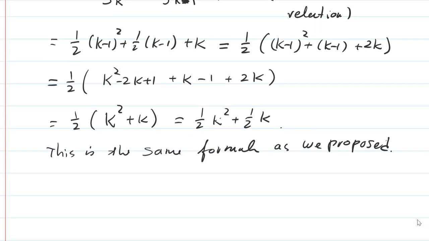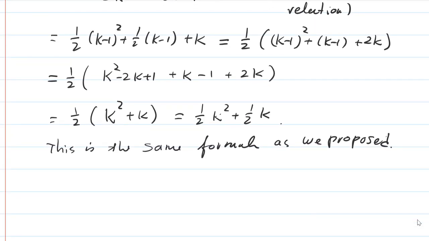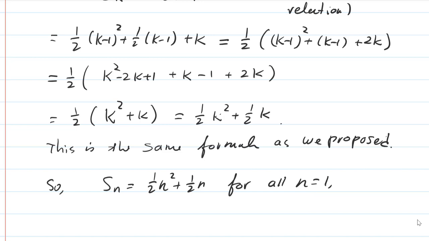Then we are done. So our final answer is that Sn is equal to 1/2 n squared plus 1/2 n for all n, 1 and 2, etc. In fact, this formula holds even when n is 0.